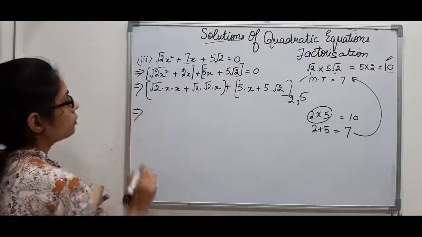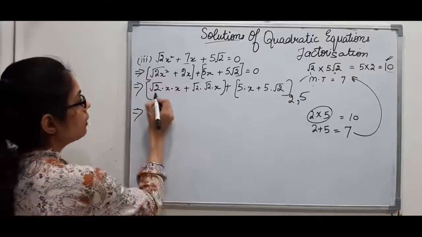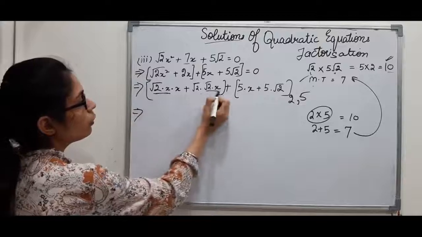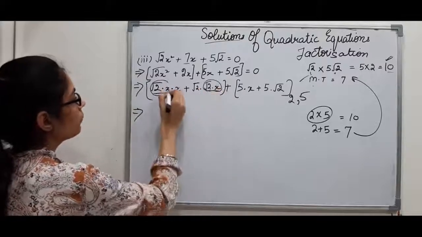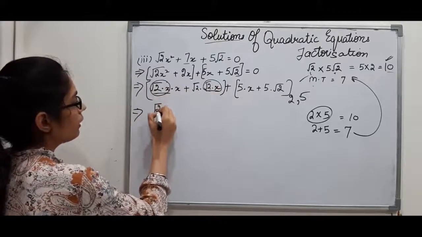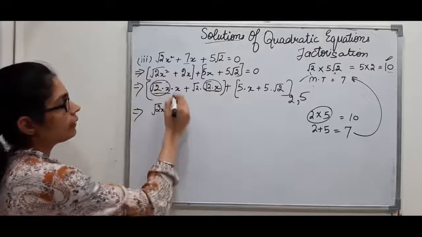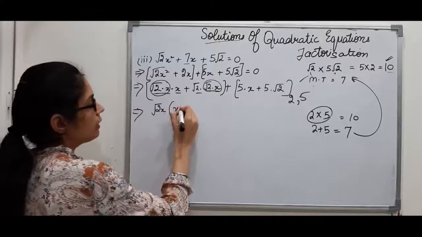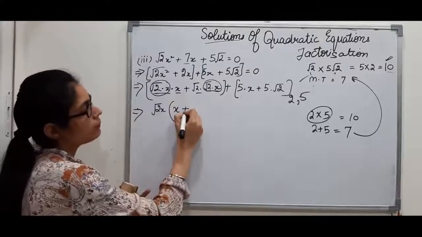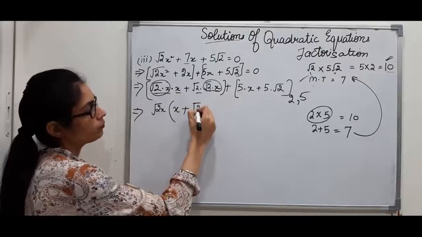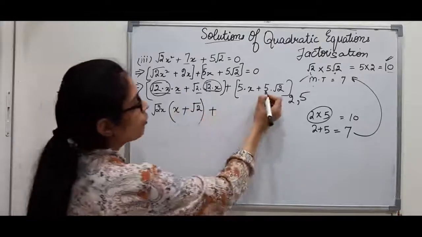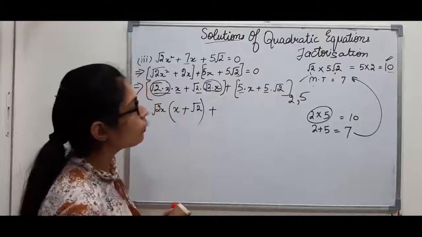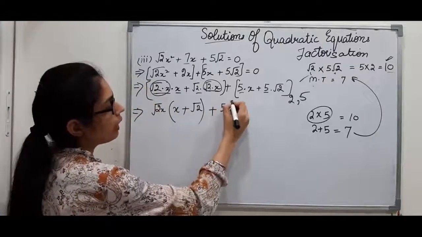Now let's take out the common terms. Root 2 x is present in both, so I can write root 2 x outside, and inside I will write the remaining terms. Here x is the remaining term and here root 2. Plus 5 is present in both the terms, so 5 I will write outside.